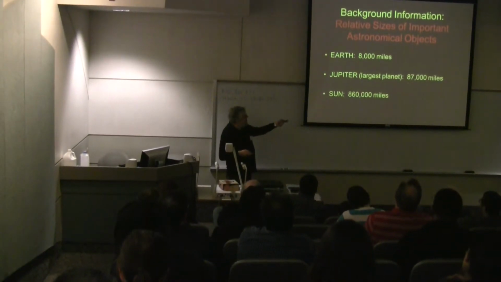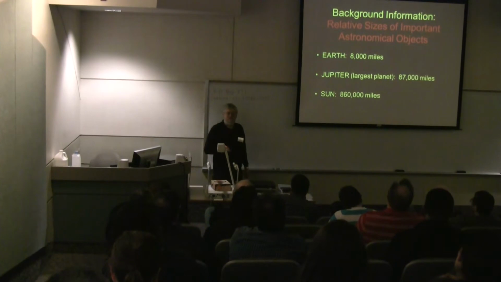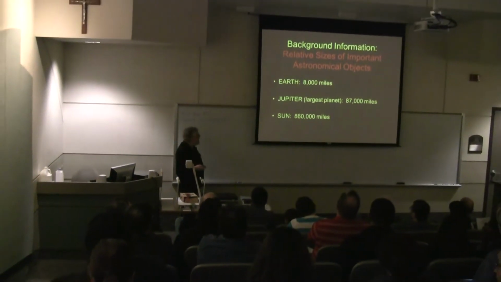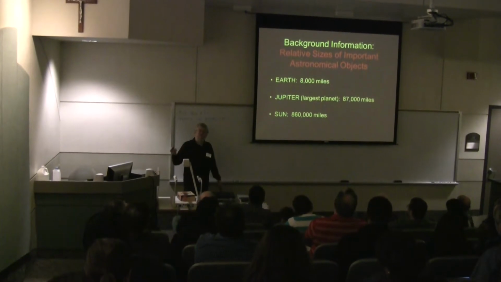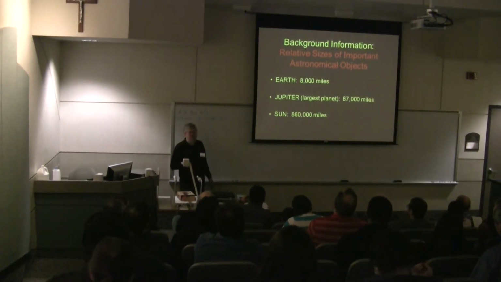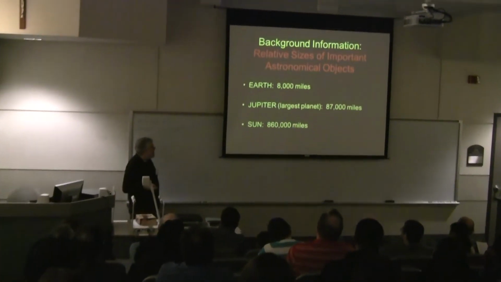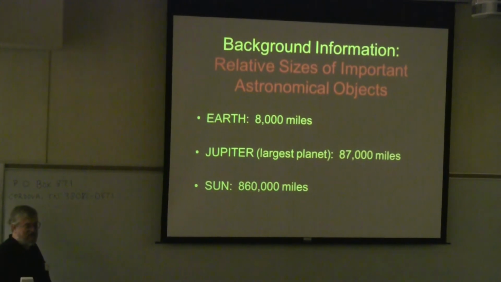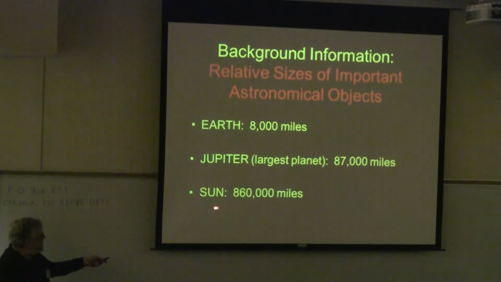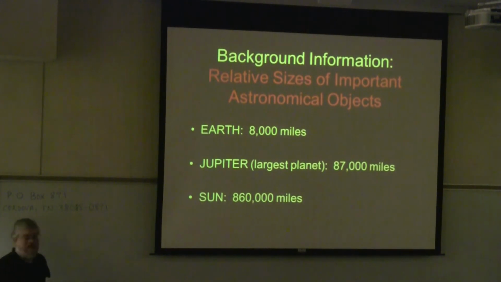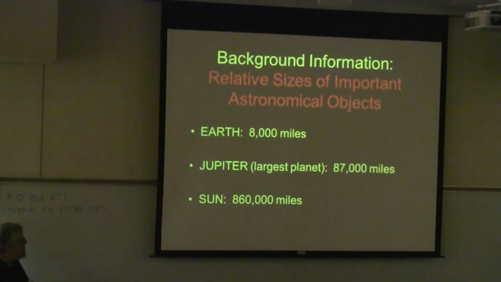It's really more like 87,000, but just roughly a factor of 10 bigger for the largest planet, Jupiter. And then roughly 10 times that diameter again for the Sun, the star around which all the planets in the solar system revolve. So factors of 10, 8,000, 80,000, 800,000, give or take a few, and you can see there is a give or take of a few, but that puts you in the right ballpark of understanding the size of things in our solar system.